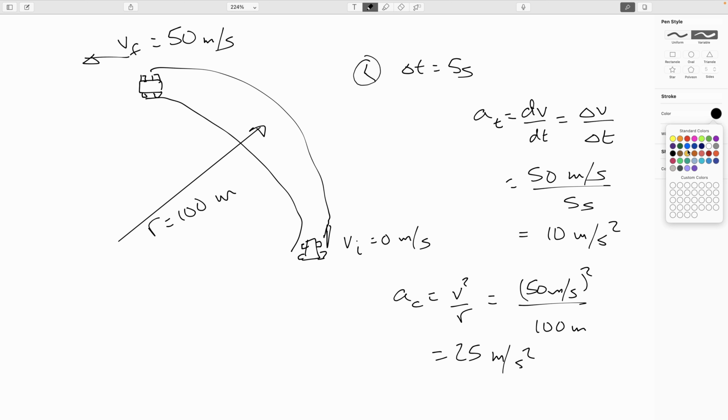So acceleration is going to look something like that. And I can break it into a tangential piece of 10 meters per second squared and a centripetal piece of 25 meters per second squared.